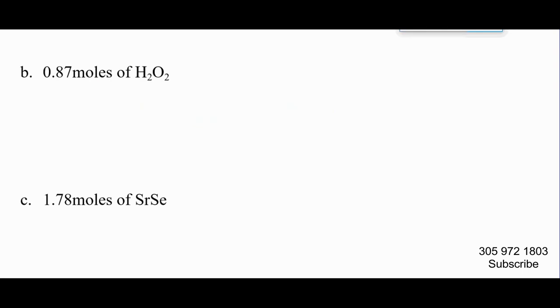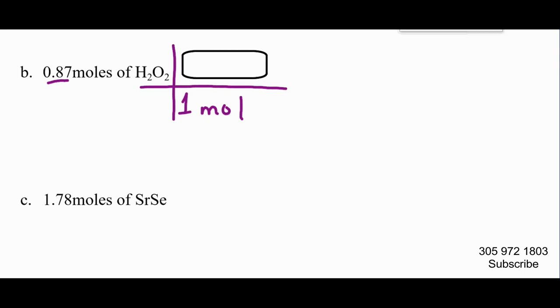Part 2, or part B, gives me 0.87 moles of H2O2. I must cancel with 1 mole, and just like on the prior question, what I will have on top is the molar mass of H2O2.